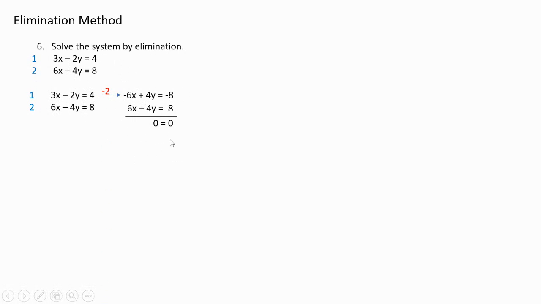What does this mean? It's going to be a line on top of the other line, which means infinite solutions. So this is a consistent dependent system. Okay, now, hey guys, check this out. Observation here. When you see a system of two equations, right?